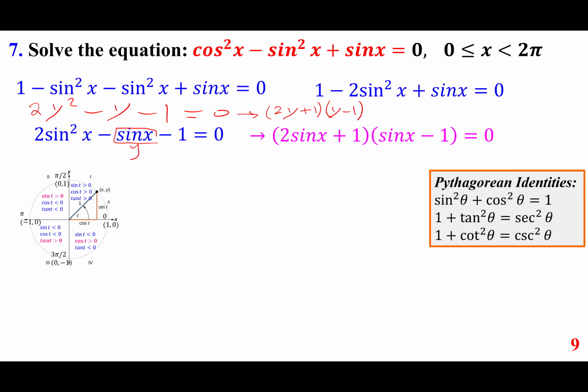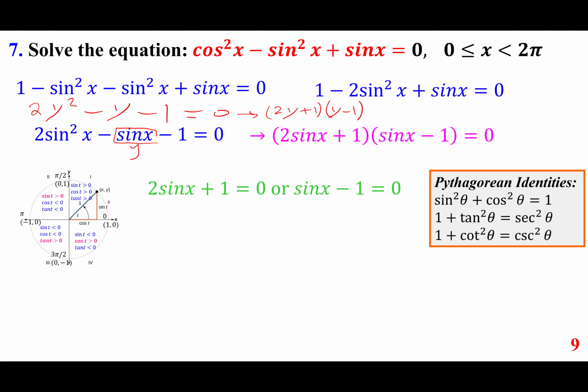So the bottom line is you do the factoring. So either 2 sine x plus 1 is 0 or sine x minus 1 is 0.